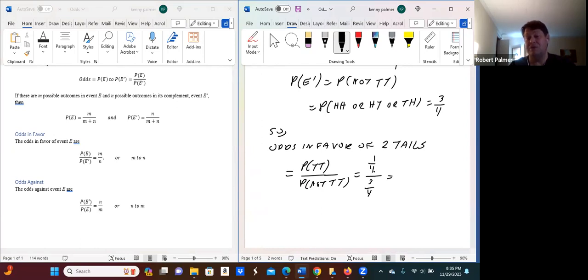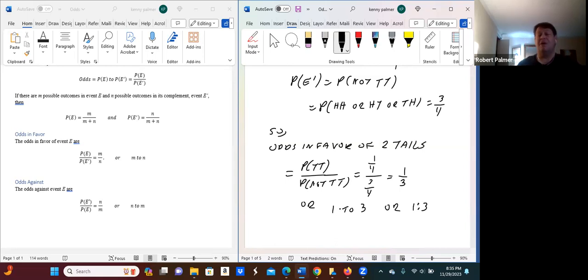Since the fourths cancel out, you have basically 1/3, or sometimes written as 1 to 3. So basically, that's odds in favor.